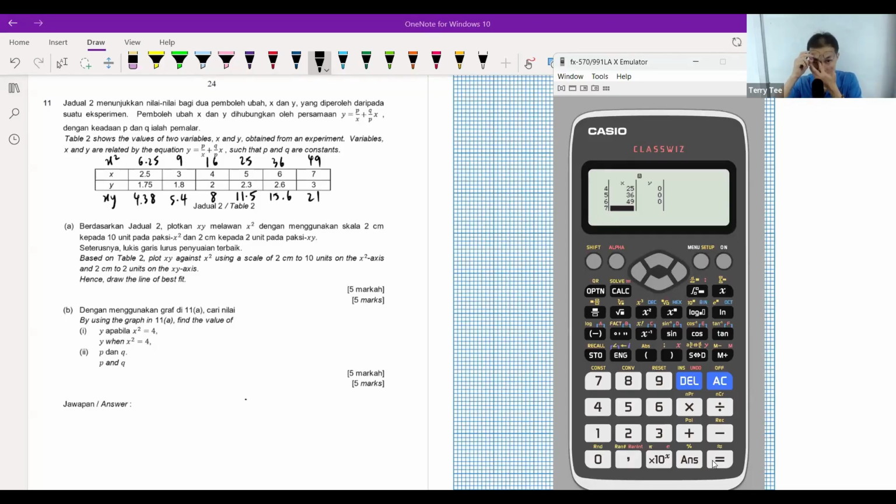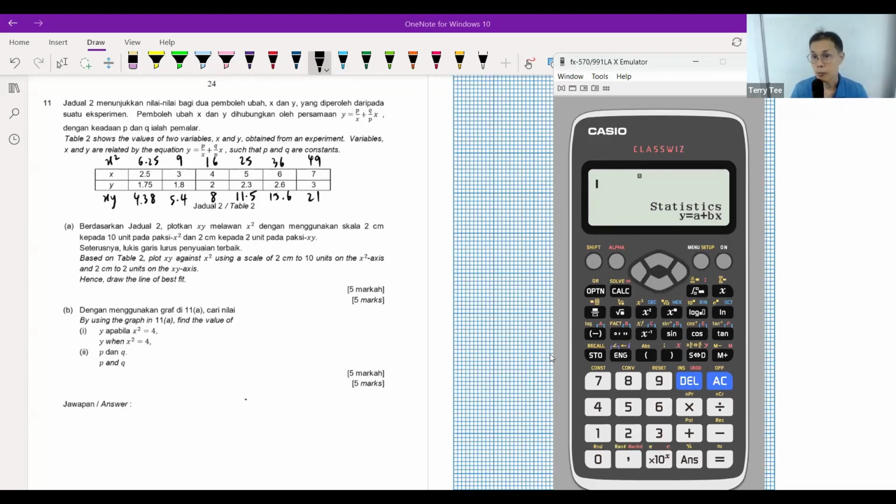Yeah, key in all the x value. Okay, now then we move on to the y value. My y value is 4.38, followed by 5.4, 8, 11.5, 15.6, and lastly 21.